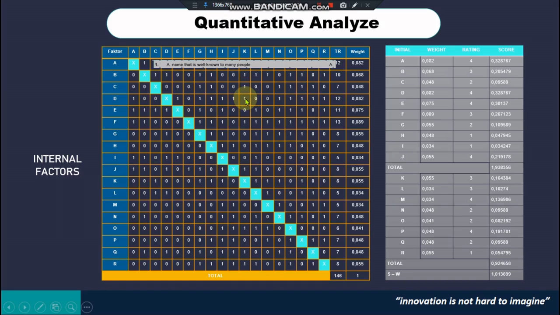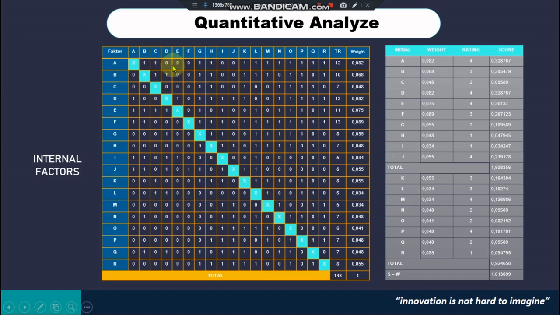And then we continue to compare all of the factors: A to C, A to D, A to E, and until the R factor.